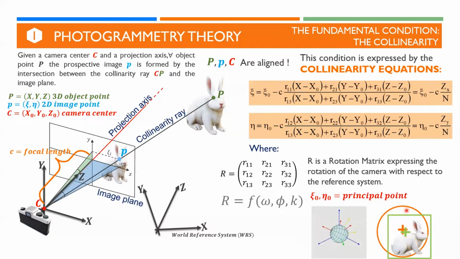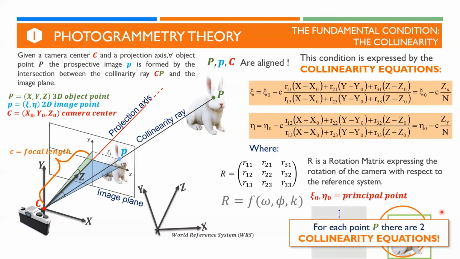Another problem that we have to consider when dealing with photogrammetry is that the center of the image sometimes does not correspond to the optical center of the camera. Why? Because they are mechanically constructed. So of course we could have this misalignment, but also this parameter is one thing that we have to take into account.